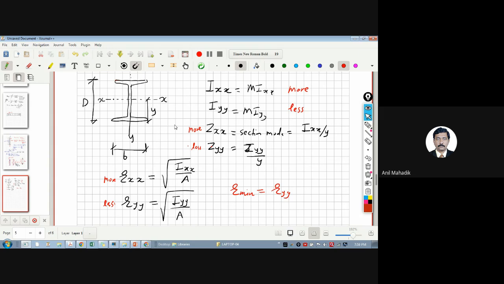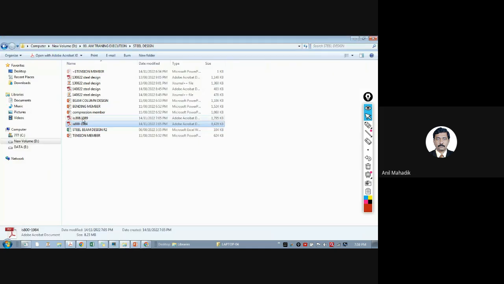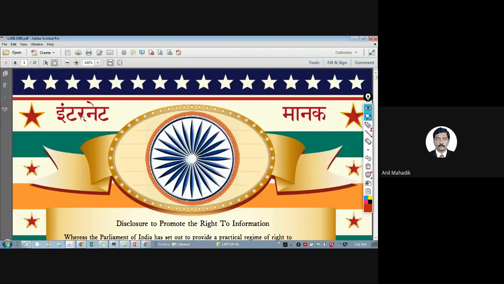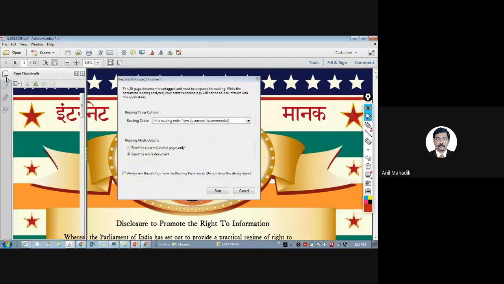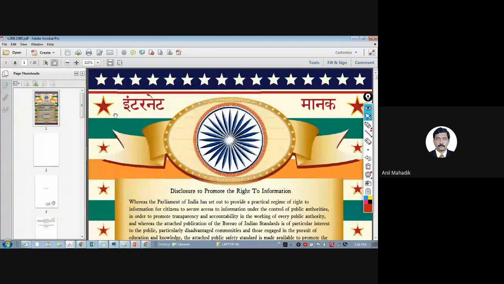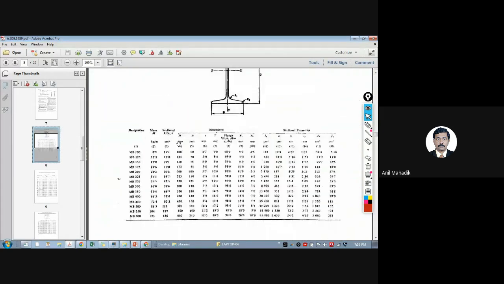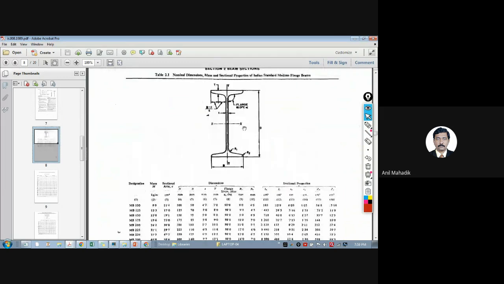And we get these values in the steel table. It is given in IS 808. There are different types of sections: angles, channels, I sections. So this is the I section here, XX, YY.